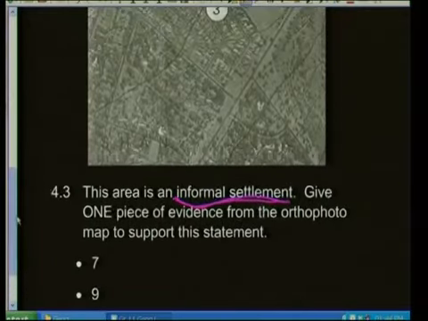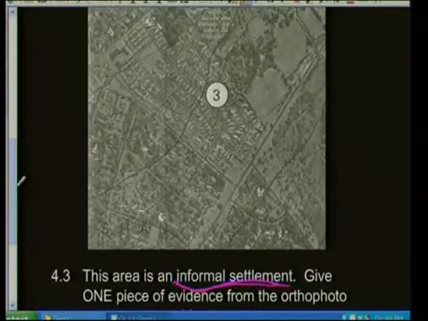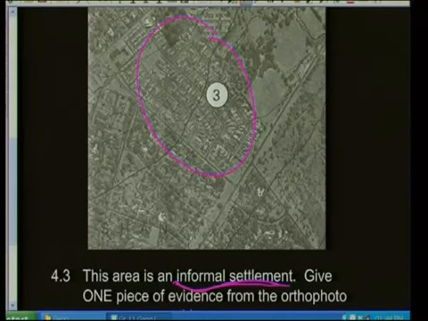Right, now, if we look at this area, what do we notice? Number 1, very small houses. Also very, very close to one another. Although there is infrastructure, the houses don't seem to be organized very well. And some of them, to a certain extent, have an irregular shape.